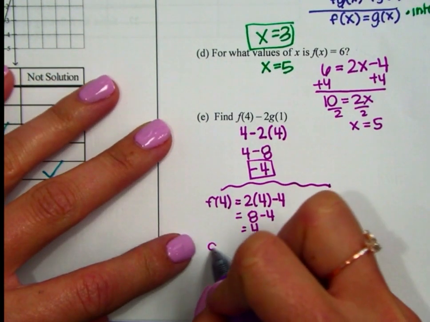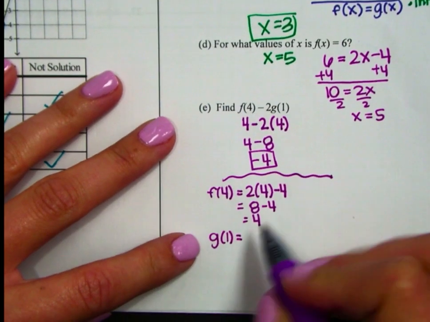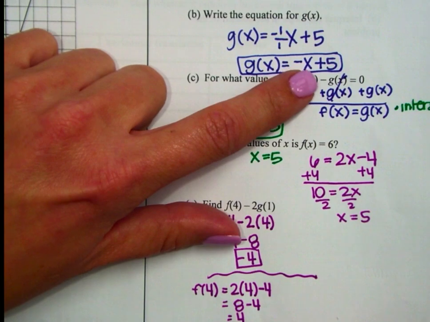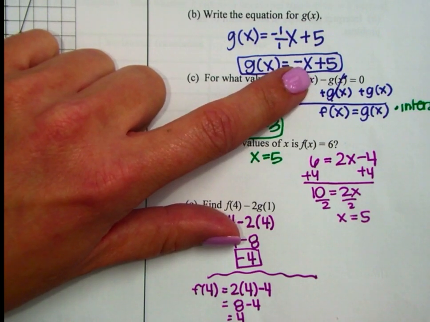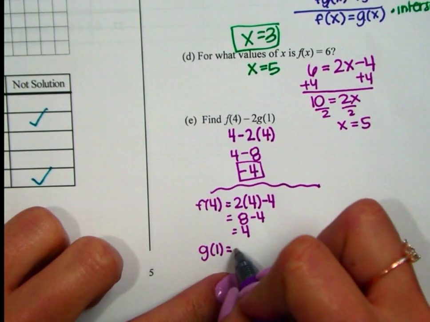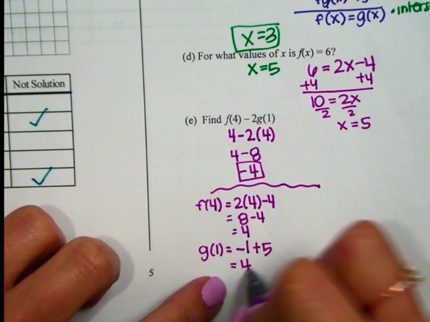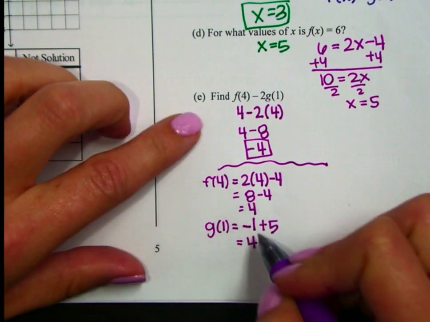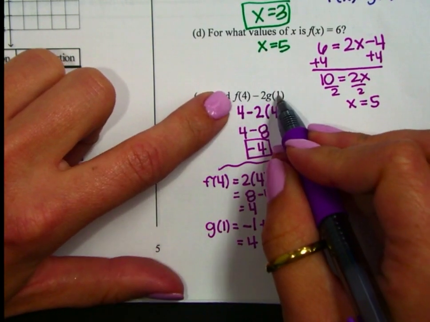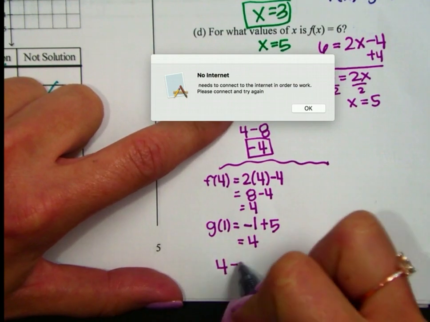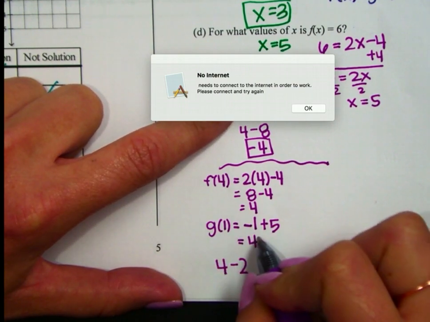Then we'll find g of 1. Okay, so I'm going to plug in 1 to my g equation, or my g function up here. So negative 1 plus 5, and g of 1 equals 4. So if I take those numbers and plug them in here, f of 4 will be replaced with 4 minus 2, and then g of 1.